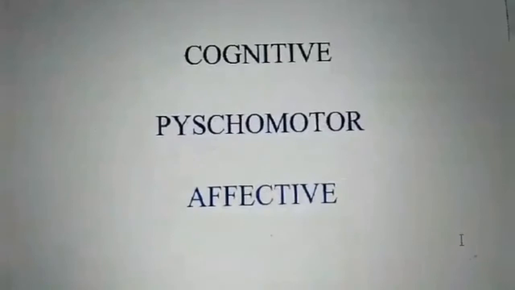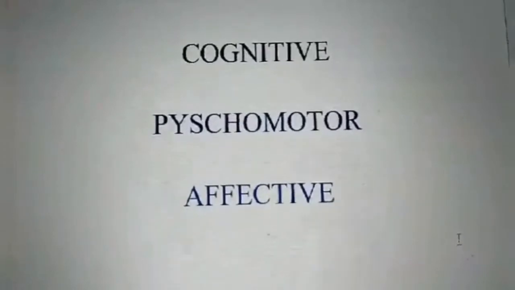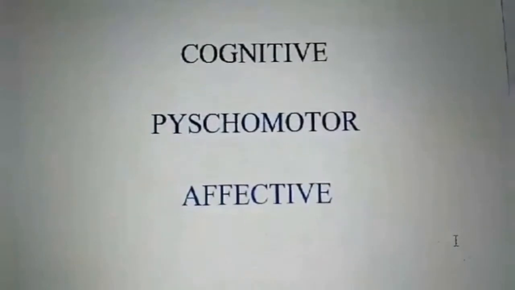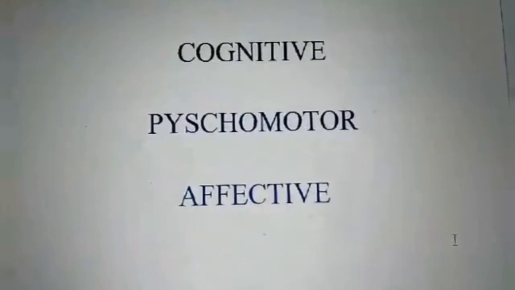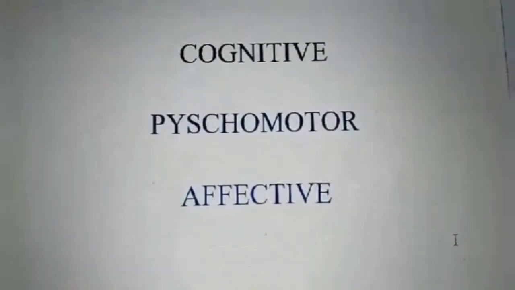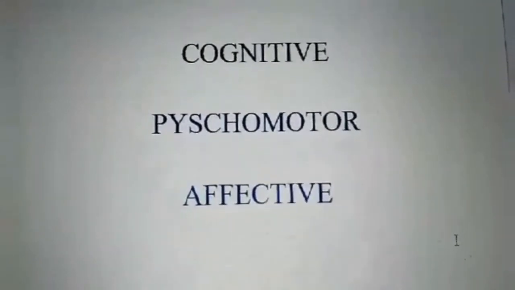Bloom's taxonomy of educational objectives are cognitive, which is knowledge, psychomotor skills, and affective attitude. Cognitive refers to mental skills such as remembering, understanding, applying, analyzing, evaluating, synthesizing, and creating.